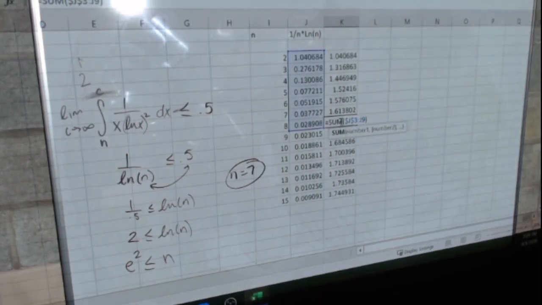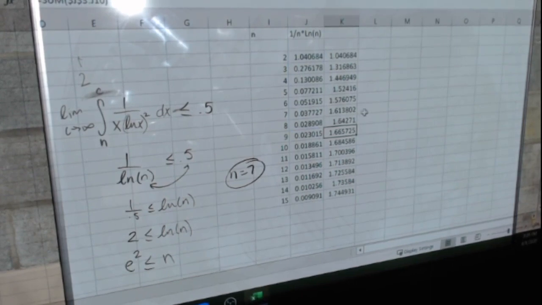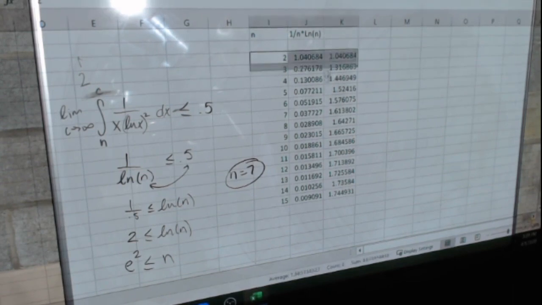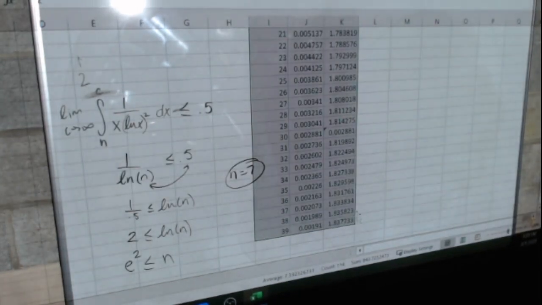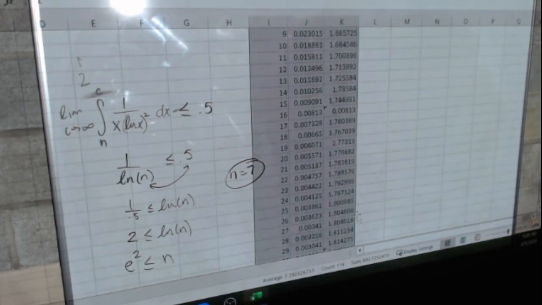Okay, or first 7, I guess it is. So it looks like from the beginning it's 1. So it doesn't seem that we really need 7 points. Oh, it did not like that.